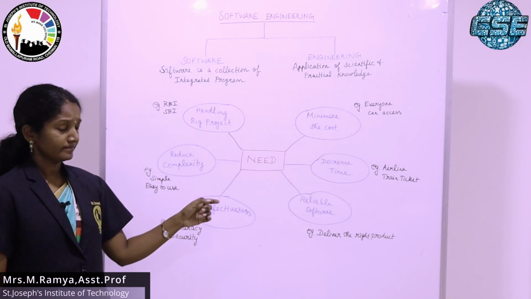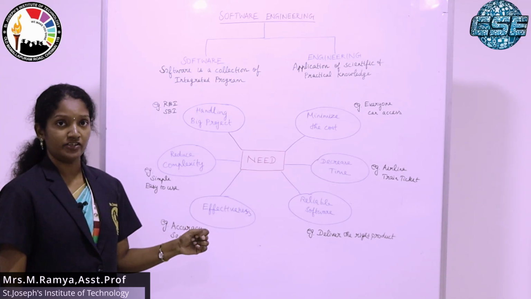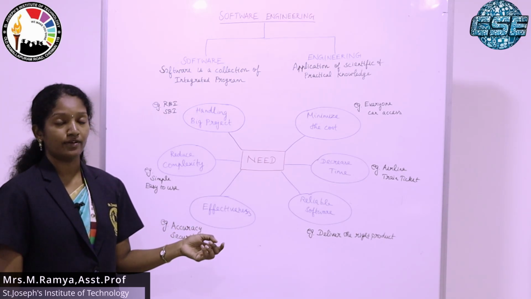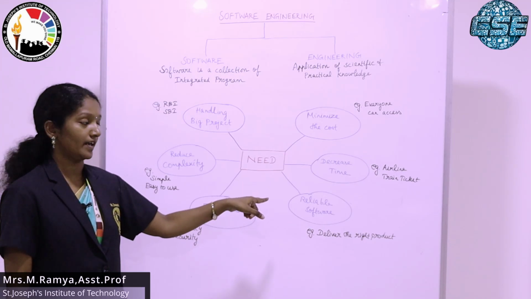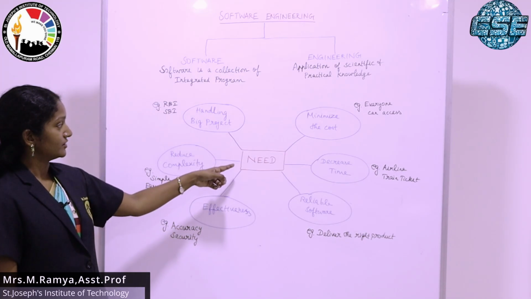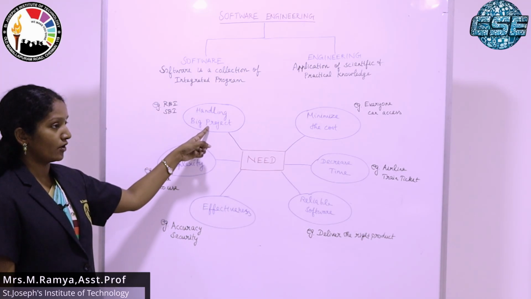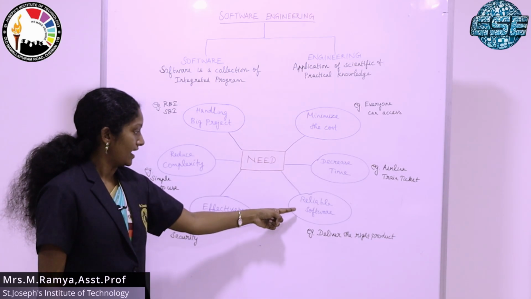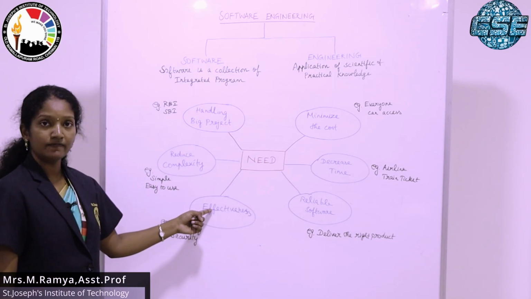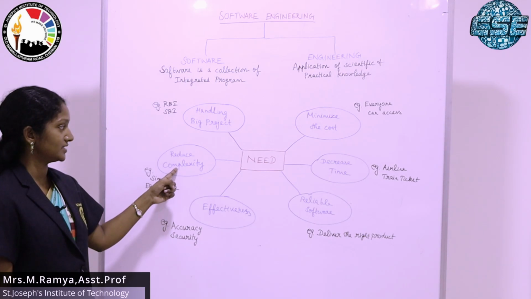Next we shall see the need of software engineering. There are various needs in software engineering. Now let us see some of them. The needs are handling big projects, minimizing the cost, decreasing time, reliable software, effectiveness, and reduced complexity.